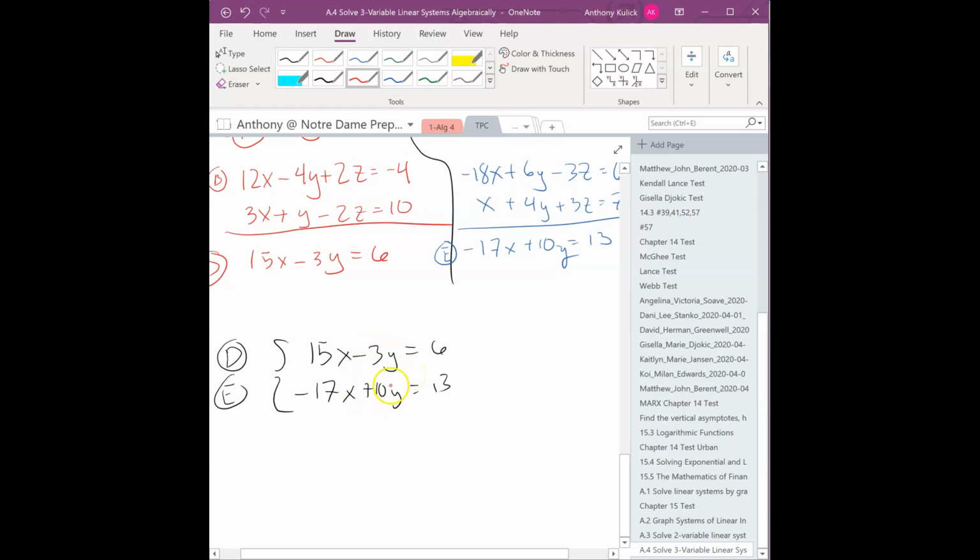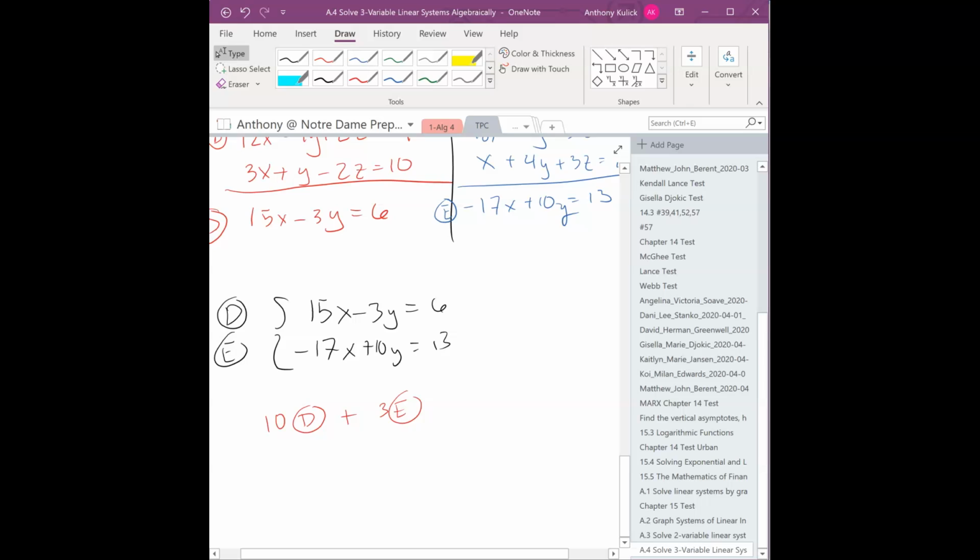So the least common multiple between 3 and 10 is 30. So I'm going to do 10 times equation D plus 3 times equation E, because 10 times negative 3 gives me negative 30, and 3 times 10 gives me 30. So when I do that, I get 150x minus 30y equals 60.